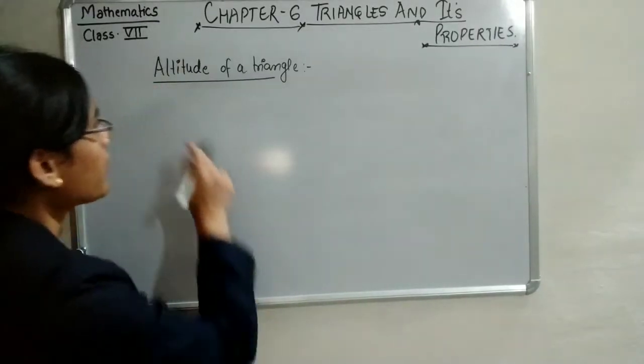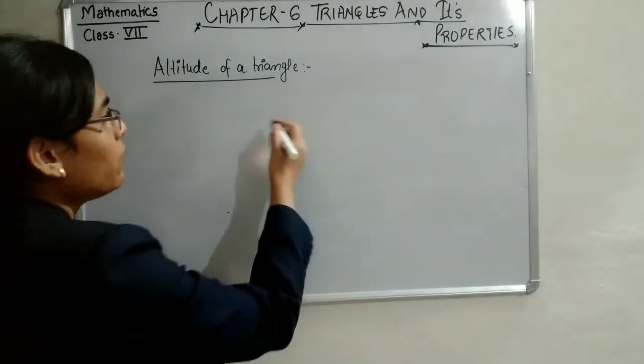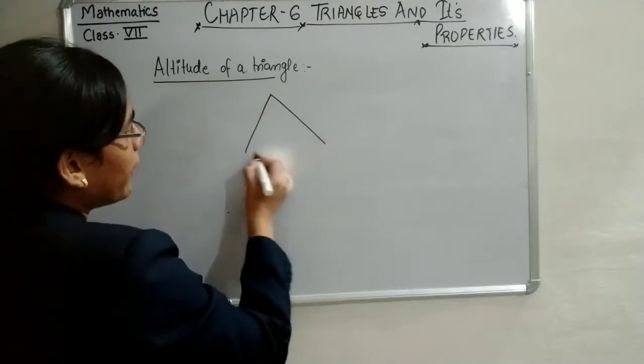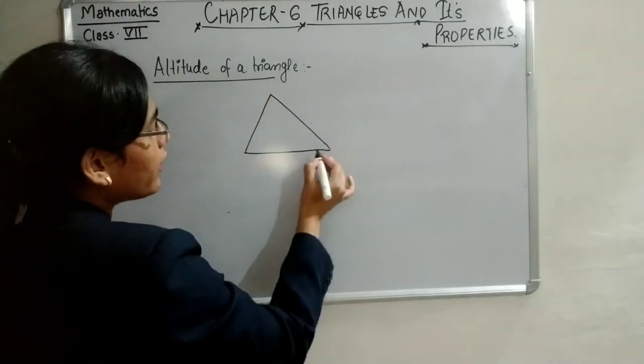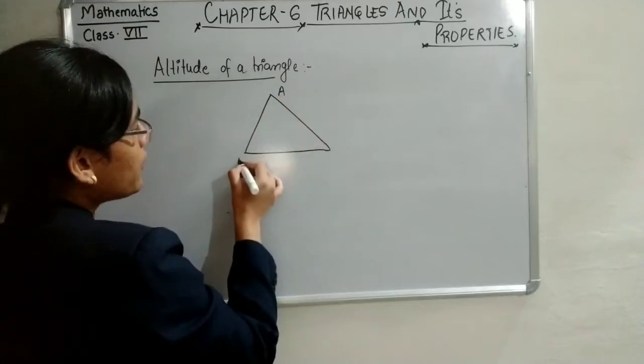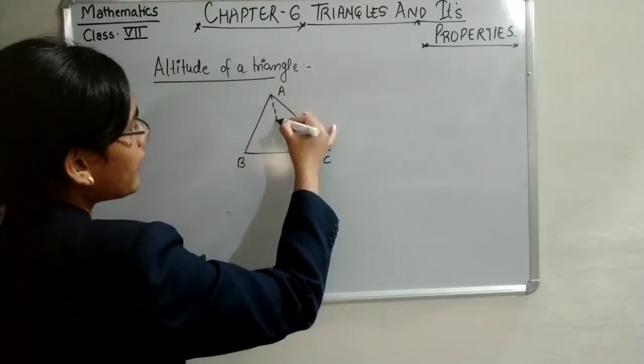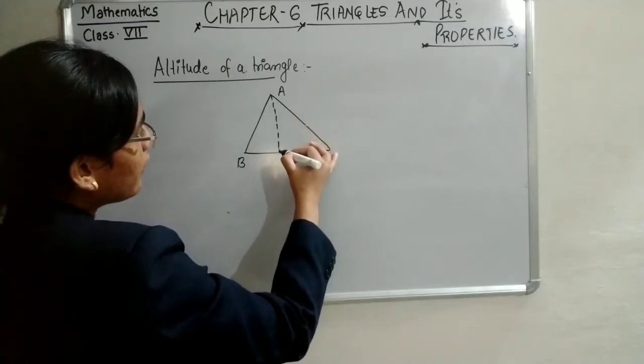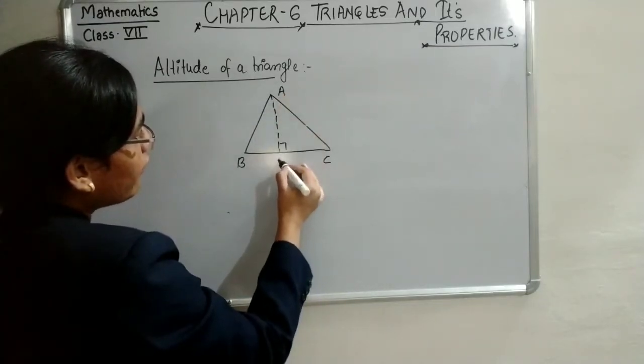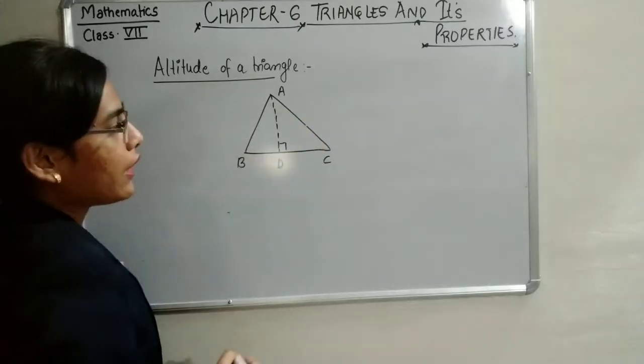Now we will see what is an altitude of a triangle. An altitude of a triangle is a perpendicular line drawn from any vertex of a triangle to its opposite side. Suppose we have drawn a perpendicular line from the vertex A to the side BC, then this AD will be the altitude of the given triangle.